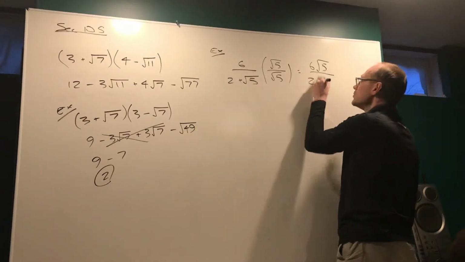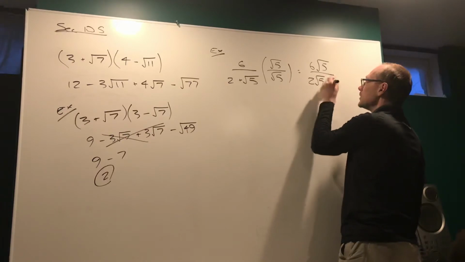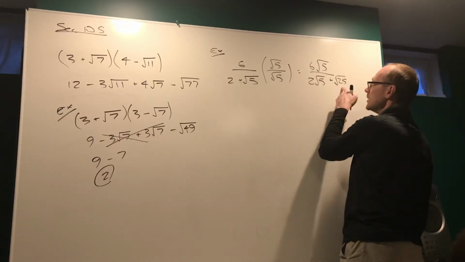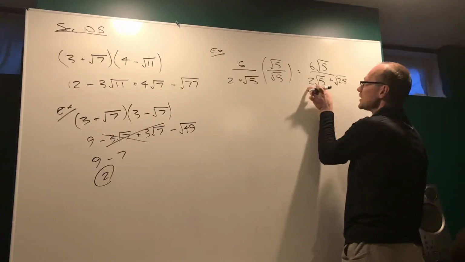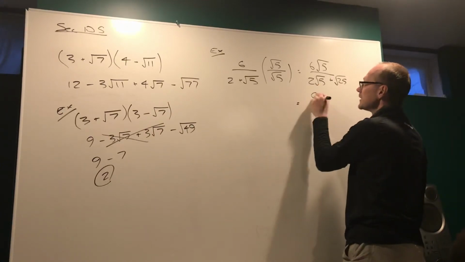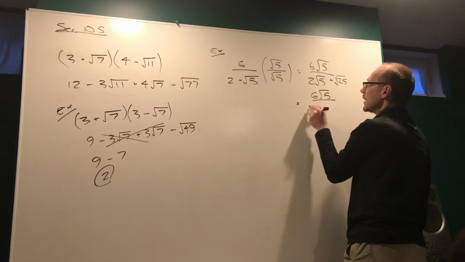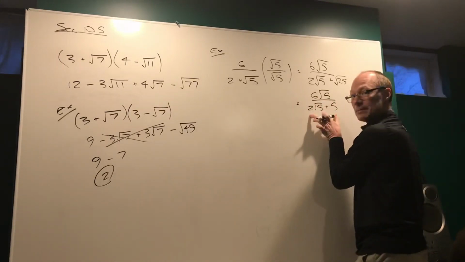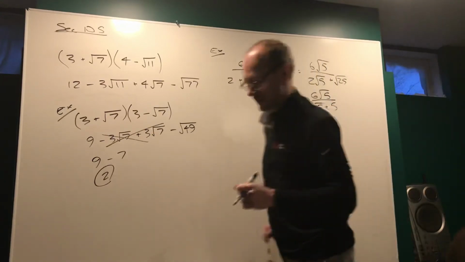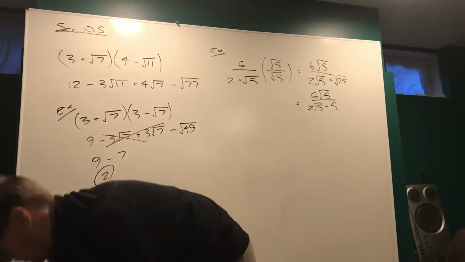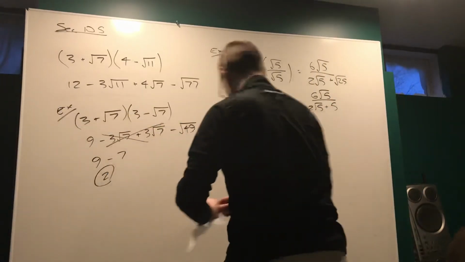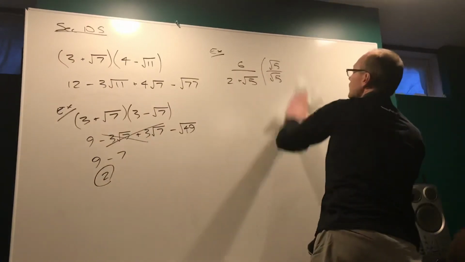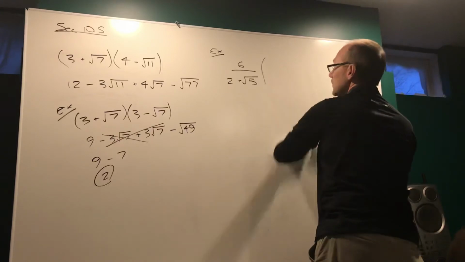I have 2 square roots of 5 plus the square root of 25, which works great here, but I still have a square root in the denominator. So I have 2 square roots of 5 plus 5, and all this did is get more complicated. So obviously that's not the best way. There is a better way, and that involves using the radical conjugate.